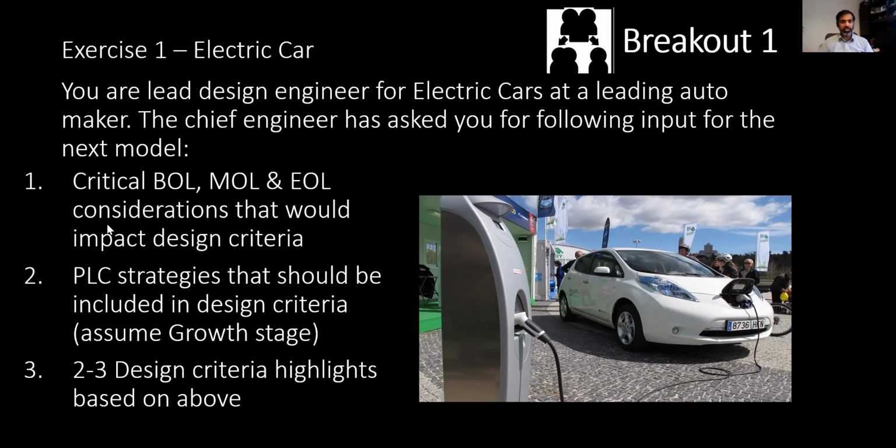So very well. What are some of the PLC strategies that should be included in the design criteria, assuming that you are in the growth stage? What could be some of the PLC, or product life cycle, strategies? Remember, we talked about it. Yes, battery performance is one. How can you add features and improve the quality? I think battery performance would be the key, right?